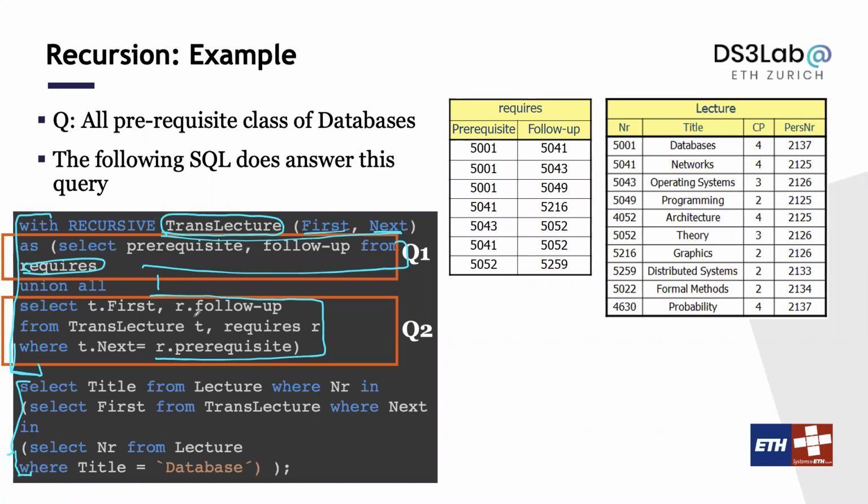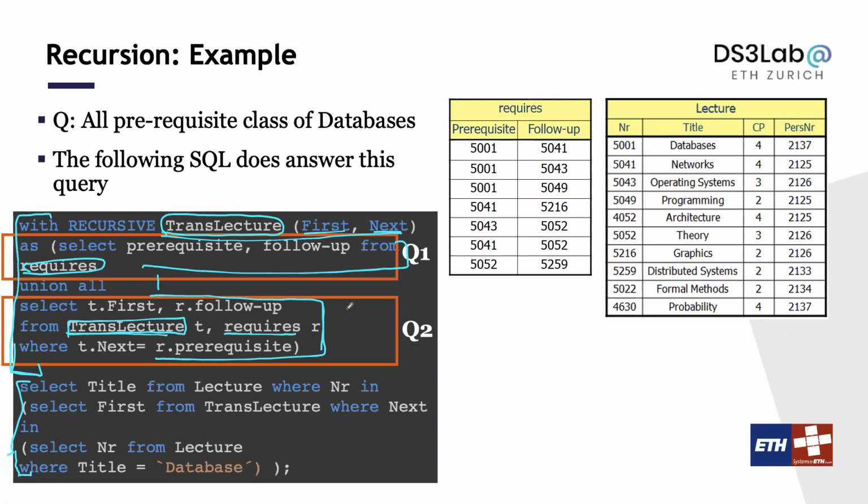Then the second one takes as input the transitive relation from the last step. If you are at the first step, it's going to be empty. If you are in the second step, it's going to contain all the information from Q1. So you join that with requires. Essentially, if you have the one level prerequisite relation as input, Q2 is going to give you the second level.